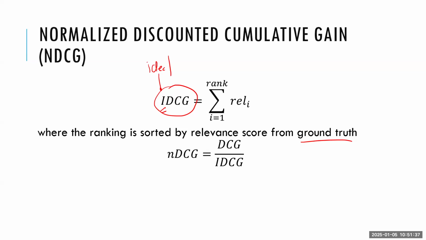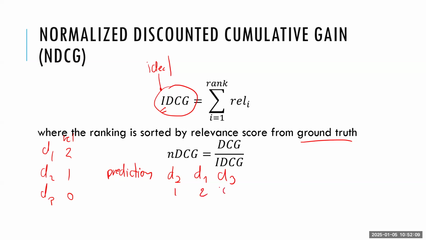What it means by that is, for example, D1, D2, D3, let's say the relevant score is 2, 1, 0. And then the prediction is D2, D1, D3. So if the prediction is D2, D1, D3, the relevant score would be 1, 2, 0.